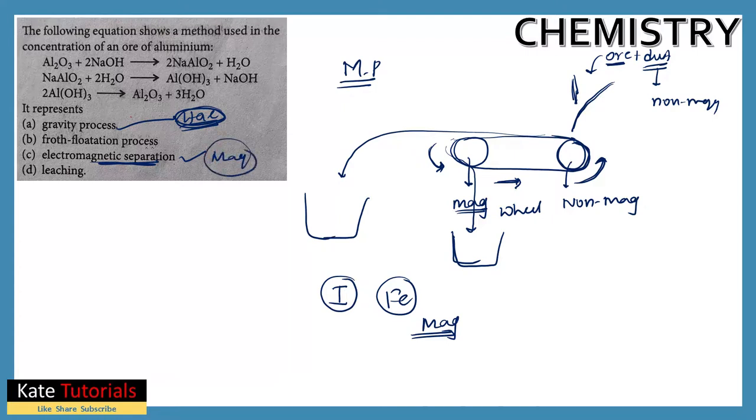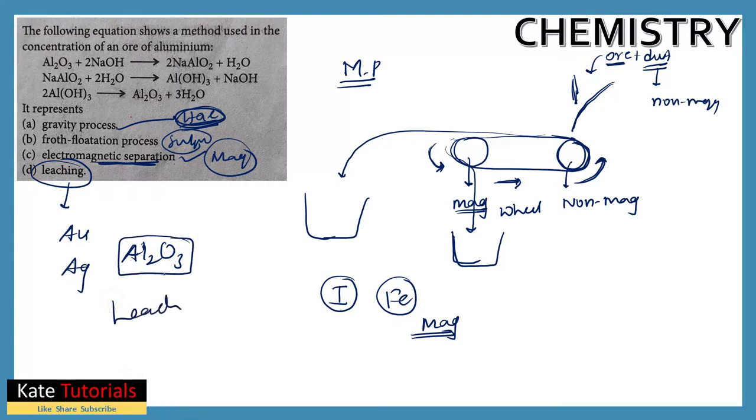So froth flotation is for sulfide. And leaching is done for those ores which are less reactive, like gold ore, silver ore, and also aluminum oxide, Al2O3. For aluminum oxide we use leaching. You may ask, sir, it is an oxide ore, so we should do gravity separation, but you are doing leaching.